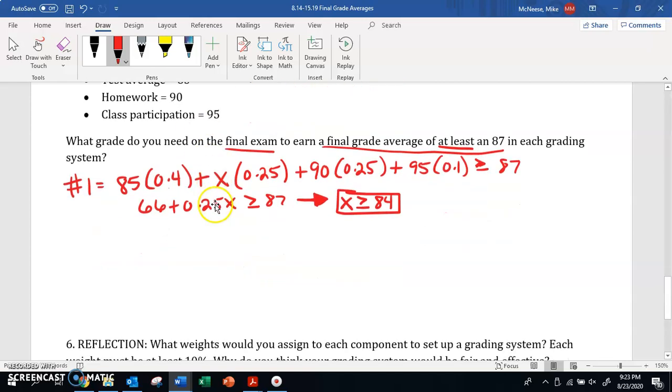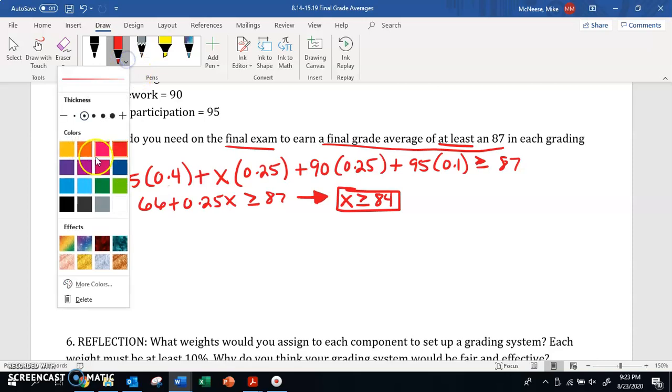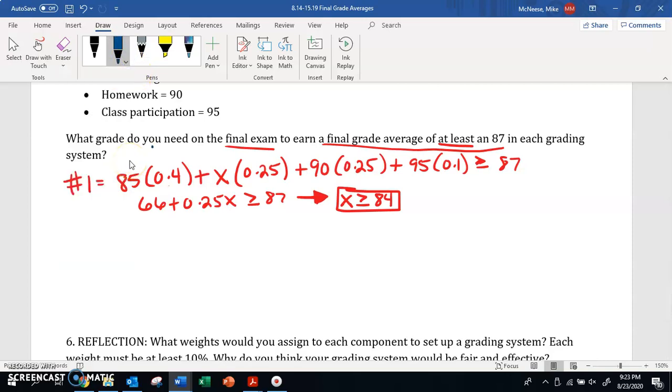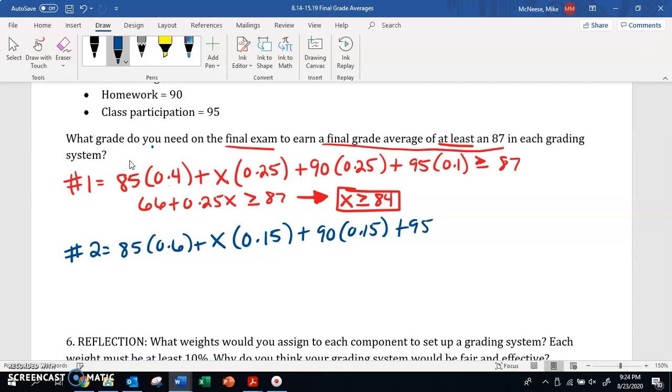Okay, and now number two, system number two, we can say the same setup, just different percentages. So number two is 85 times 0.6 plus, remember we don't know the final exam grade, so we're going to label it x, times 0.15 plus 90 times 0.15 plus 95 times 0.1. And then again, it's greater than or equal to 87. And again, we're just going to solve this by simplifying.